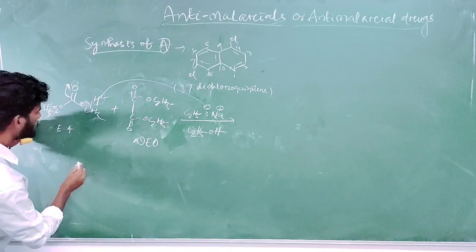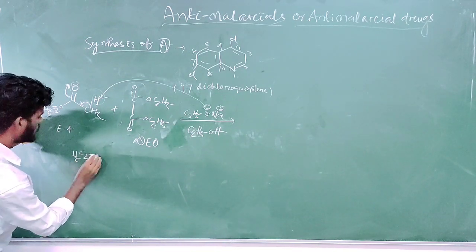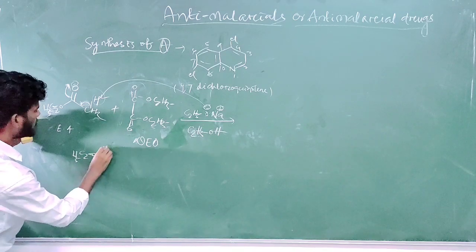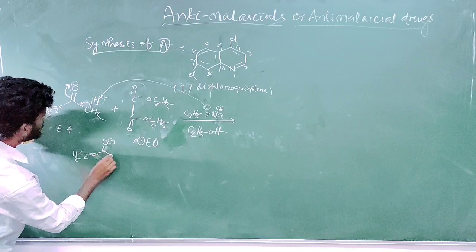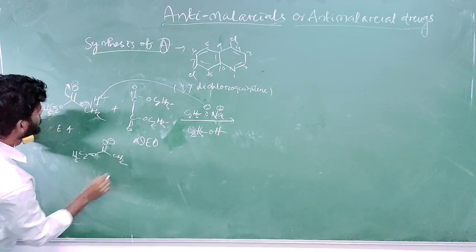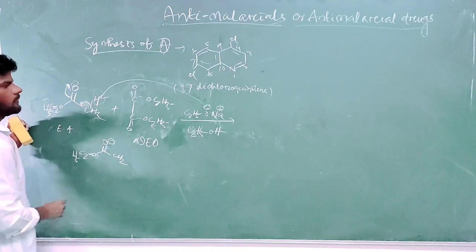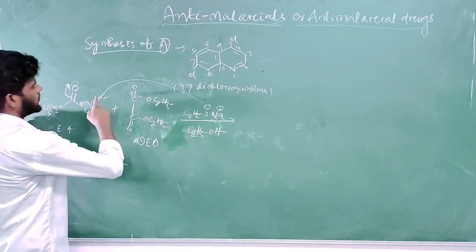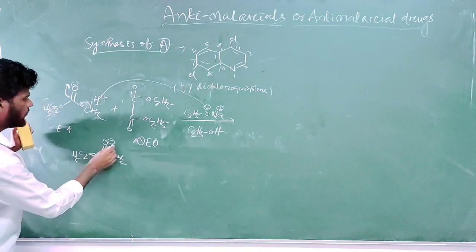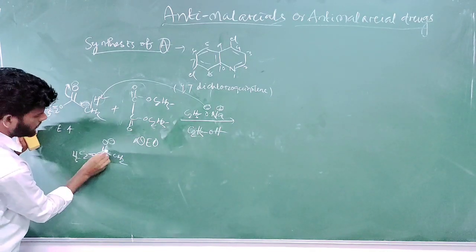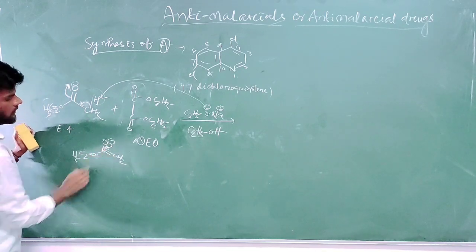C2H5O minus takes up hydrogen to form C2H5OH, ethanol. So O minus, this is a double bond, so this negative charge returns back.